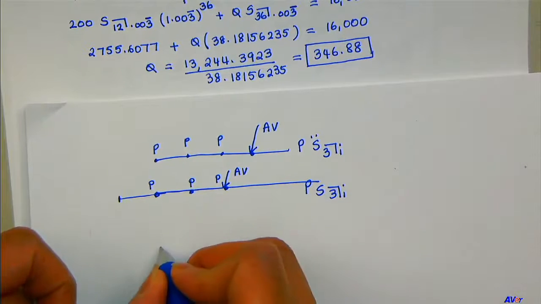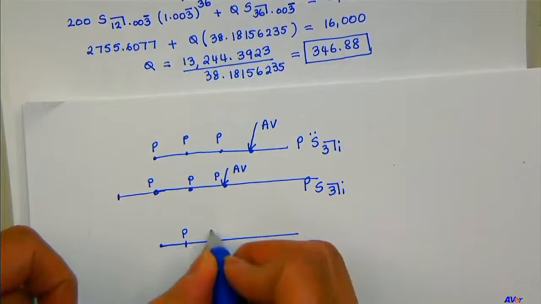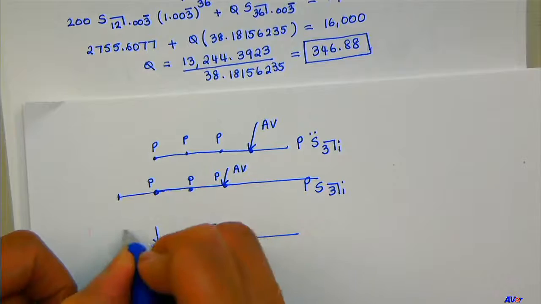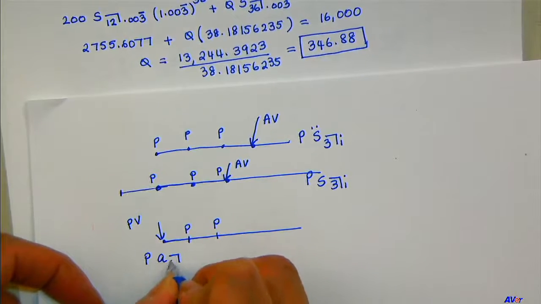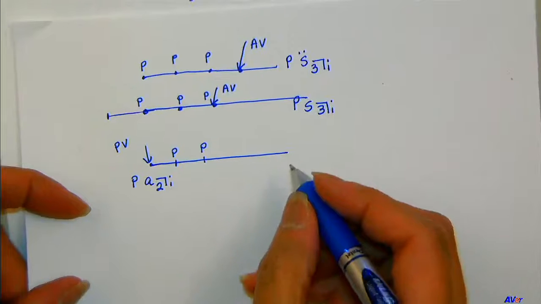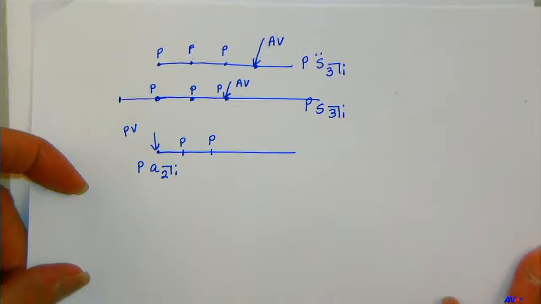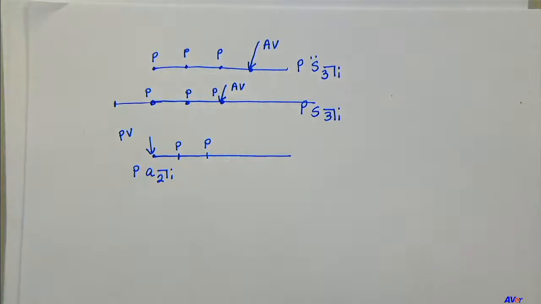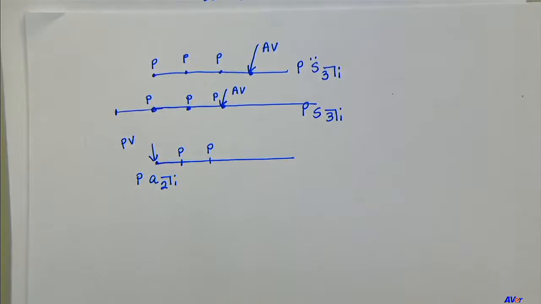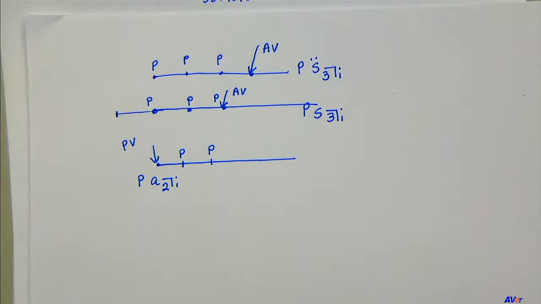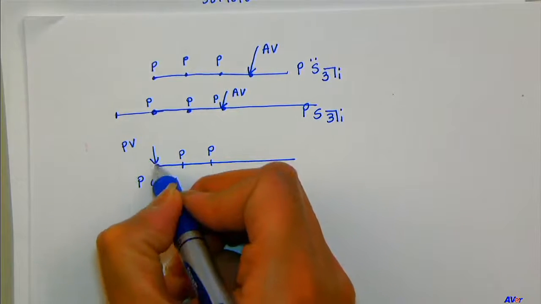Similarly for A, if the first payment occurs here and the next payment occurs here and you're looking for the present value here, this would be P, A angle 2, i. Follow me? So P A angle 2 i would be the present value here.